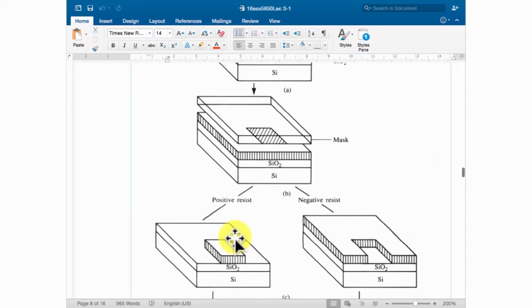The exposed area will be dissolved away later on, so you retain the structure exactly the same as you see on the mask. In this case we call it a positive photoresist. Remember, the positive photoresist will give you the structure exactly the same as on the mask.